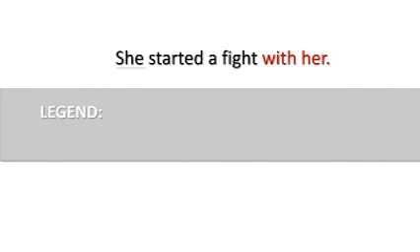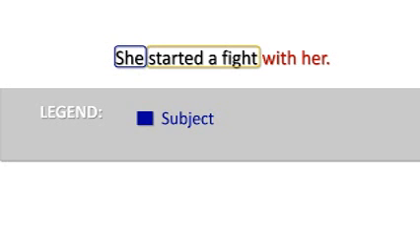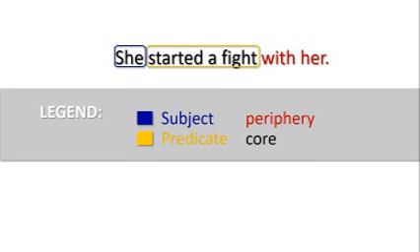The subject is she. The predicate is started a fight. You may wonder, how about the remaining part, with her? It is what we call an adjunct. These tell us how, where, or when the action or the verb was done. In this case, it tells us with whom she started a fight.